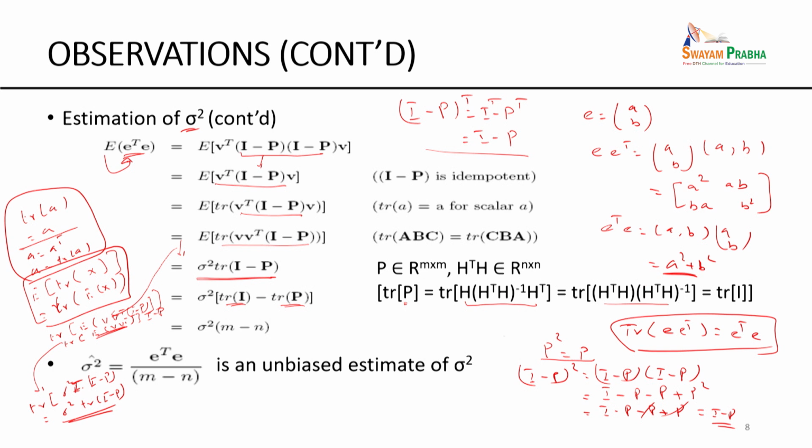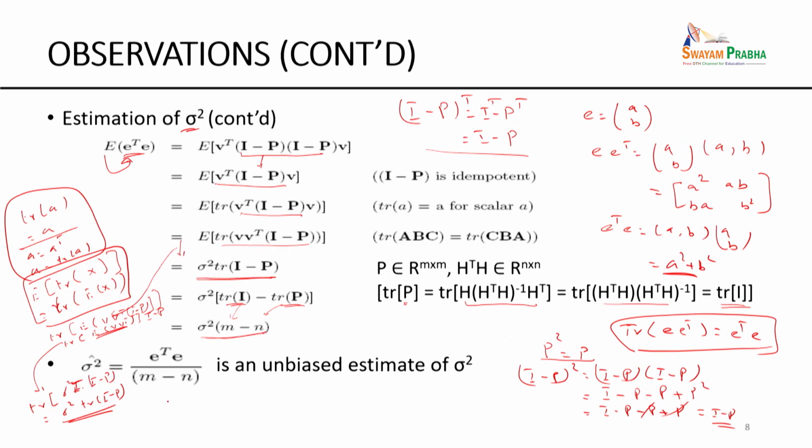Therefore, H transpose H is an n by n matrix, so this is the identity. This is the trace of the identity. So the trace of P is n, and the trace of I is m. So this is sigma square times m minus n. That means the expected value of E transpose E is equal to sigma square times m minus n.